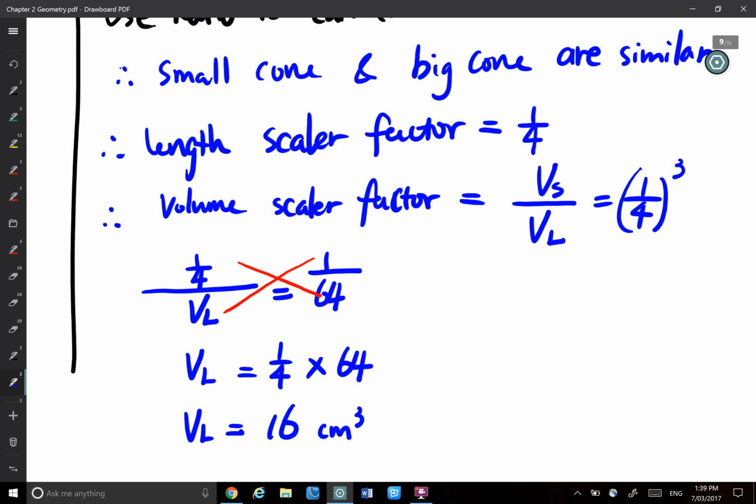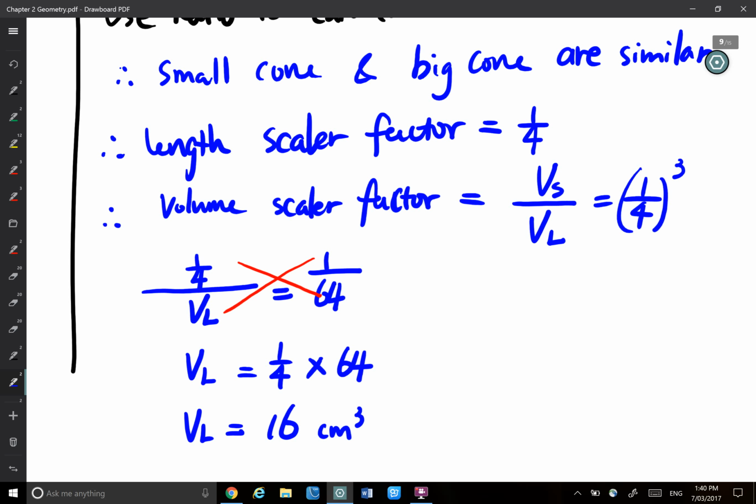Okay, the small volume over the big volume will be 1/4 cubed. Okay, you cube that. And I have worked out the big one, but the small one has been cut. Then you can change it to V large over V small. You just change it, because the small one is always on the top or the small one is always on the bottom. You can do whatever you like, but you need to make sure all of them are on the top or all on the bottom when you write it.